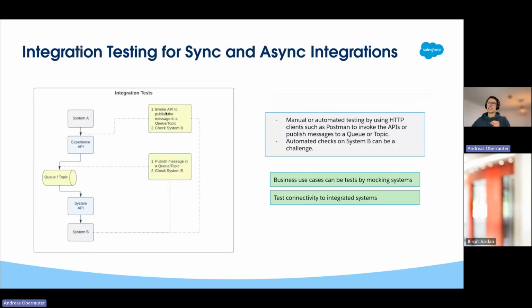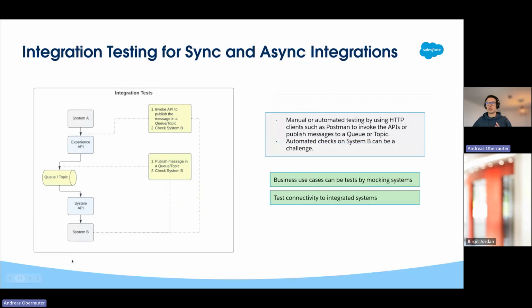So what we can do in this integration test is basically check the response which we are getting back from the topic or from the queue, but we also need to check somehow on the external system if the messages have arrived as we expected, right? And this can be done manually, obviously, and that's also most of the time what we do in the beginning of a project.